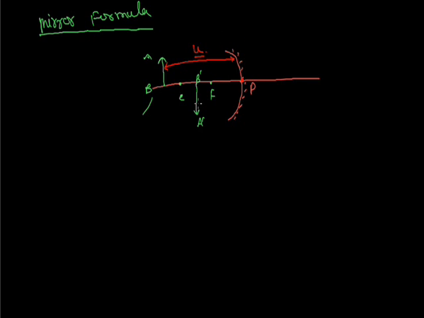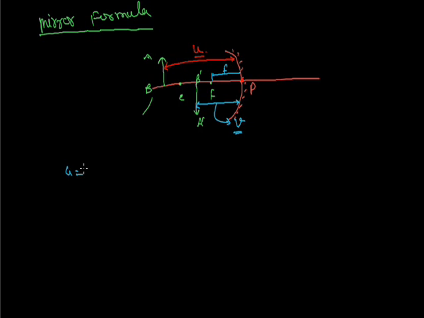Whenever we measure the distance of the image from the pole, it is denoted by V, and the distance from the pole to the focus is given as F, that is the focal distance.